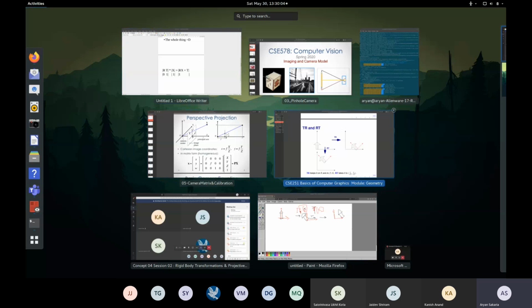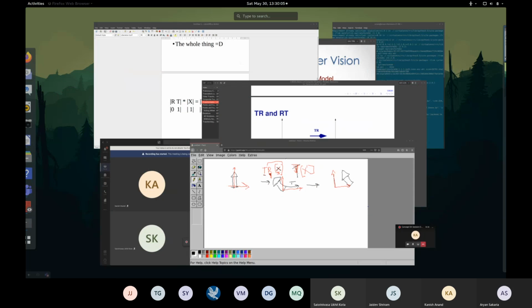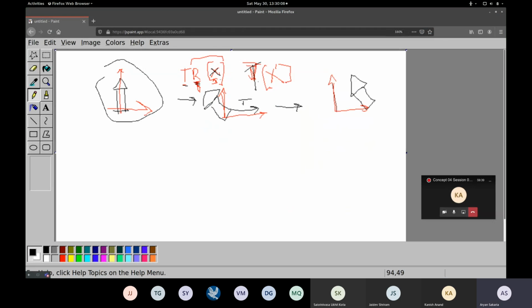Where did it go? Let's look at RT. So again, I have my original figure, and I'm going to multiply this by R and T. Both R and T are matrices, right?